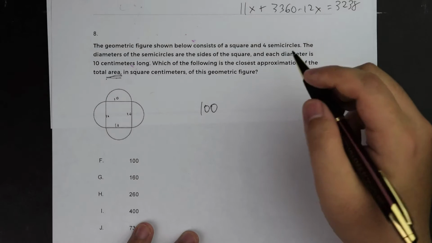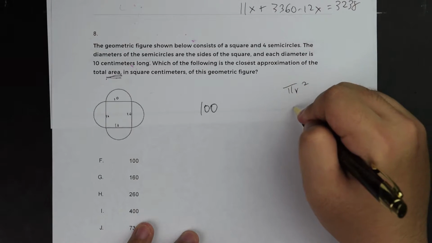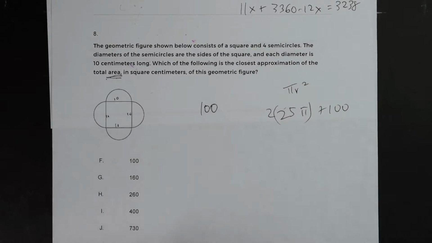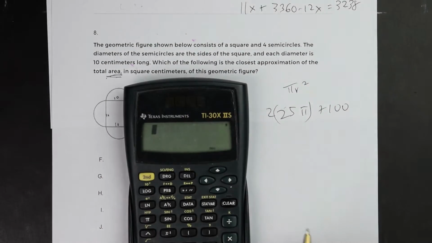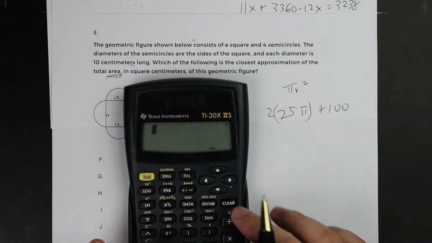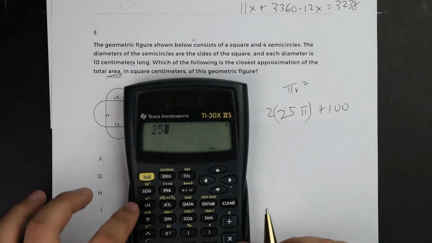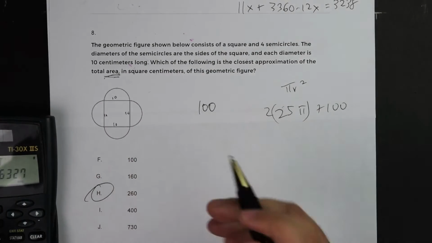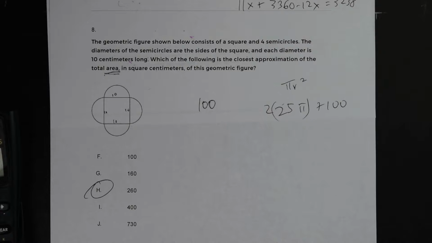There's 2 circles here, so pi r squared, so 25 pi times 2 plus 100, which is 257, so 260. Okay, so for number 8, my final answer is going to be H, 260.